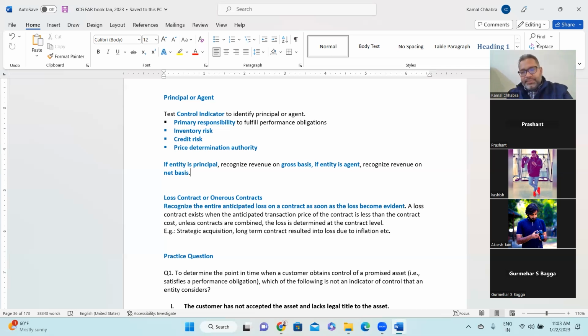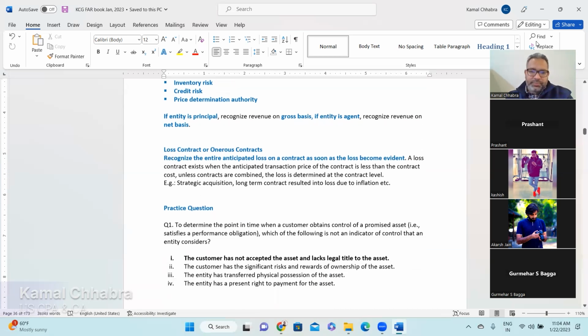What is net basis? Sales price minus purchase, only the commission amount. Make sense? Yes, sir. Cool. So we are done with the principal or agent concept.